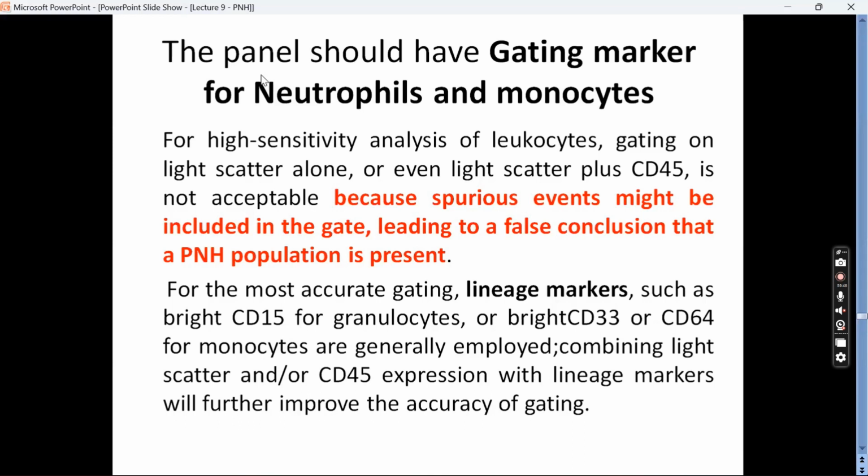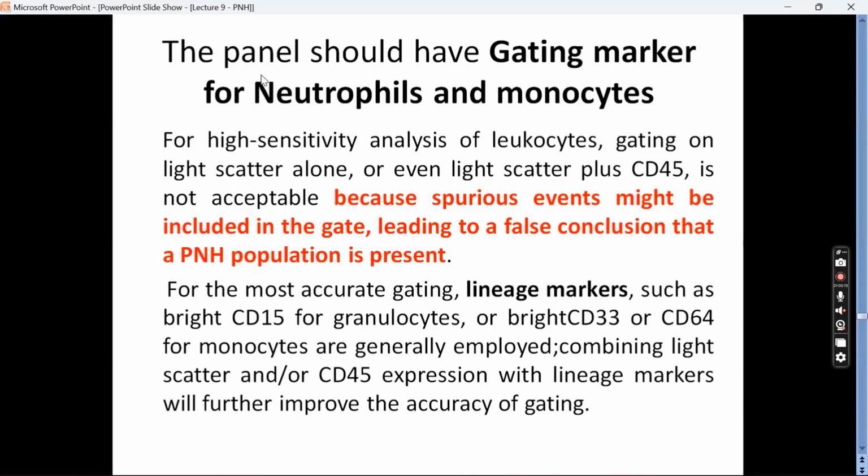We need a marker which is expressed only in mature neutrophils. CD13 is a myeloid marker which will be expressed even in the blast stage, even in promyelocytes. So that marker is not a pure neutrophil marker.